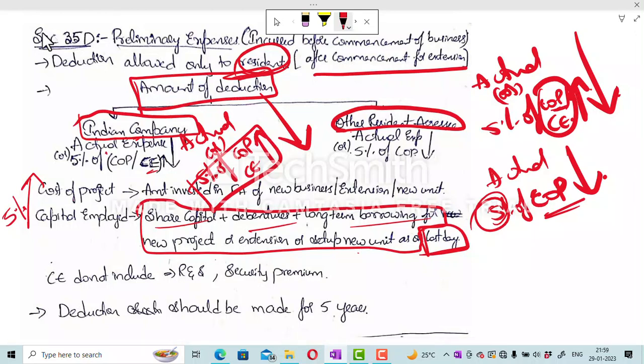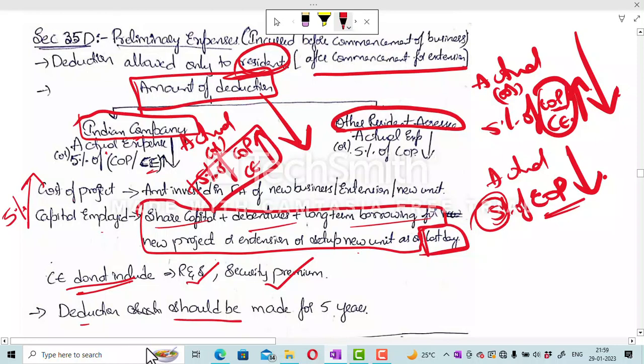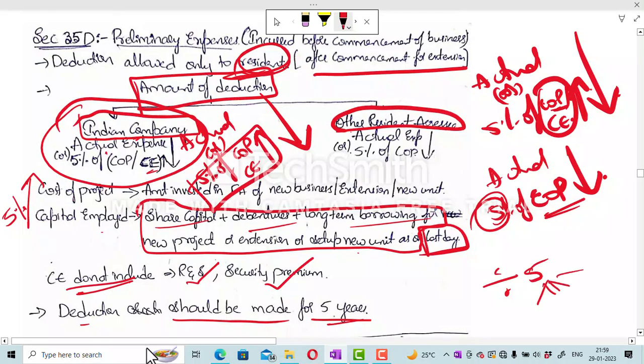We should take the lower amount. Capital employed does not include reserves and surplus and securities premium. The deduction is available for 5 years, so we divide the total amount by 5 and apportion it over 5 years.